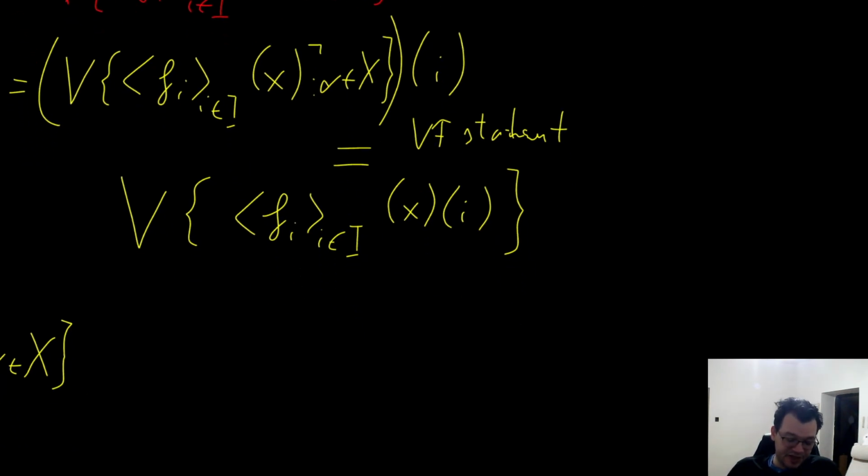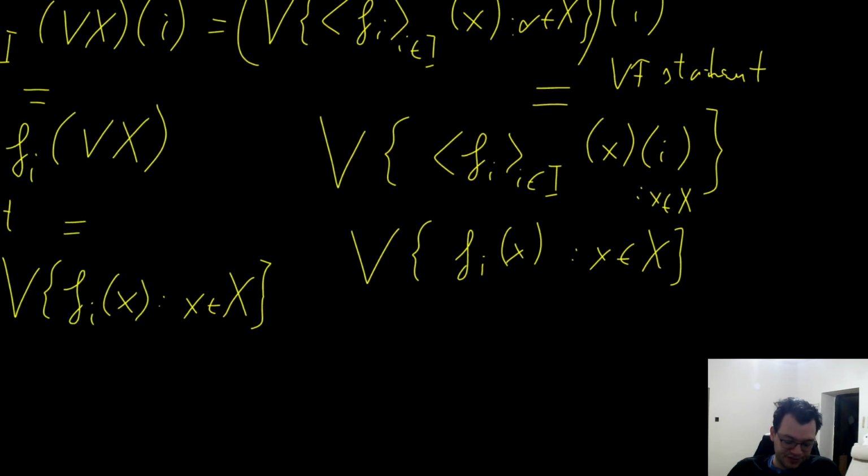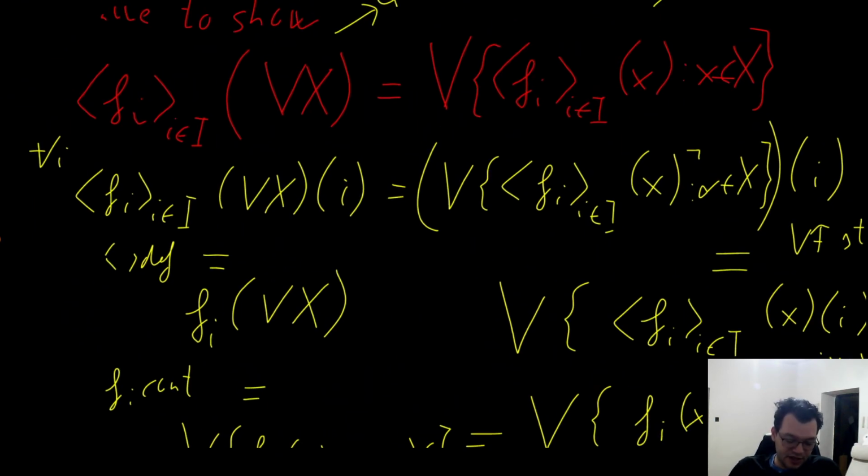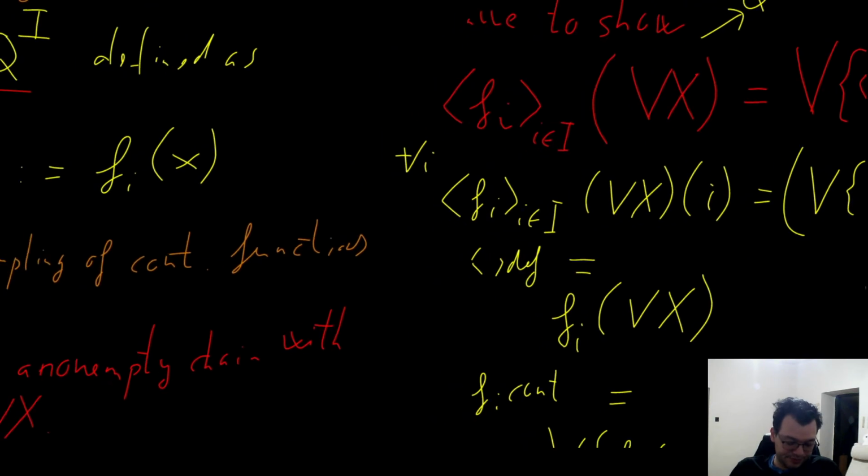And again, this guy here is just apply the tupled function on x and see what's on the ith coordinate, x in X. And this is the same as just apply fi on x for each x and check the result. So if you just see this guy and this guy are of course the same, which means that the tupling is indeed continuous. Okay.